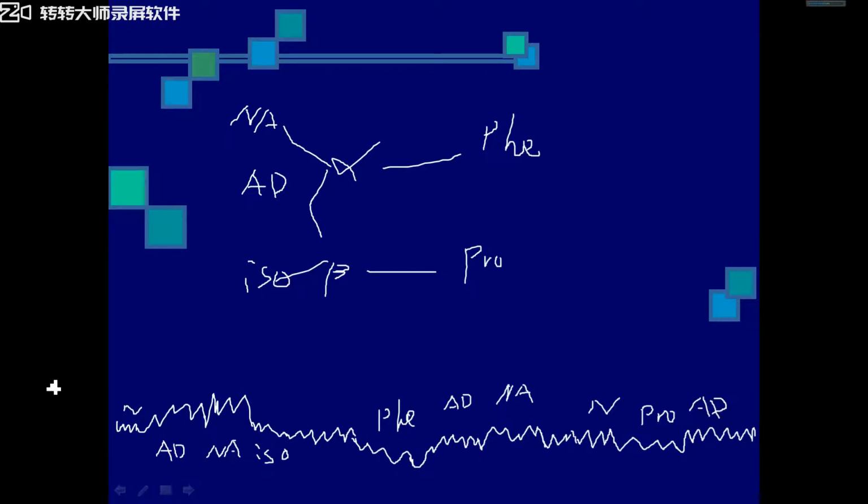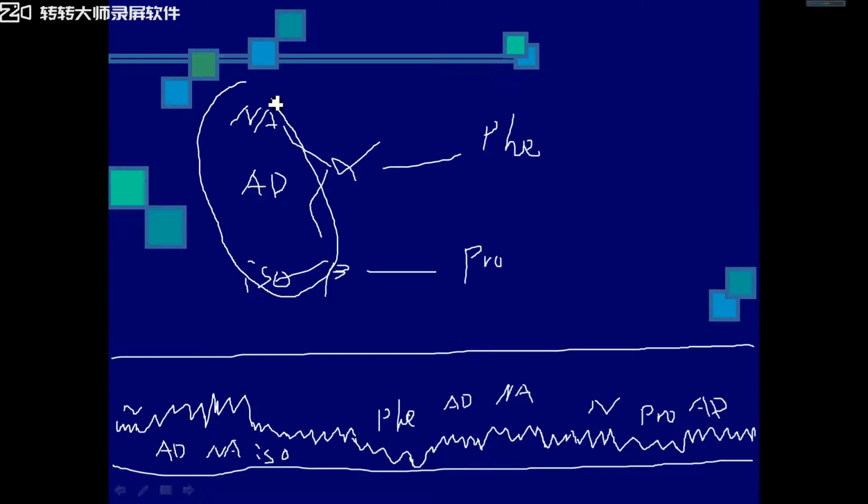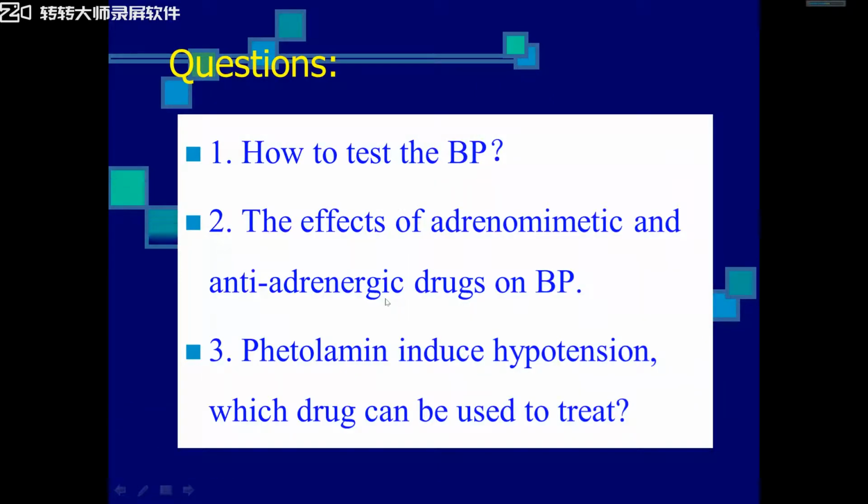Okay, so just now we summarized the labs, and you should observe the curves in your lab, and we observed the effects of adrenomimetic drugs and anti-adrenergic drugs on blood pressure. And 3 questions. The first question, how to test the blood pressure?